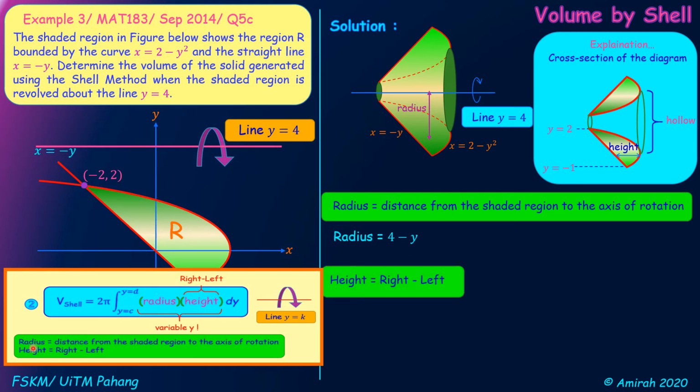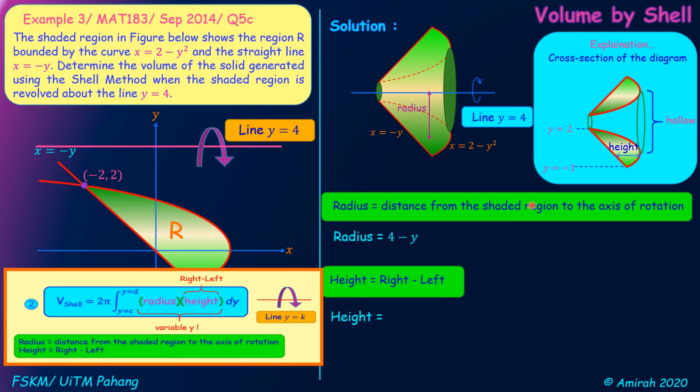After we find the radius under the shell method, we need to find the height. As I said before, if the axis of rotation is a horizontal line, under the shell method we need to integrate with respect to y. And if we integrate with respect to y, the height equals right minus left.